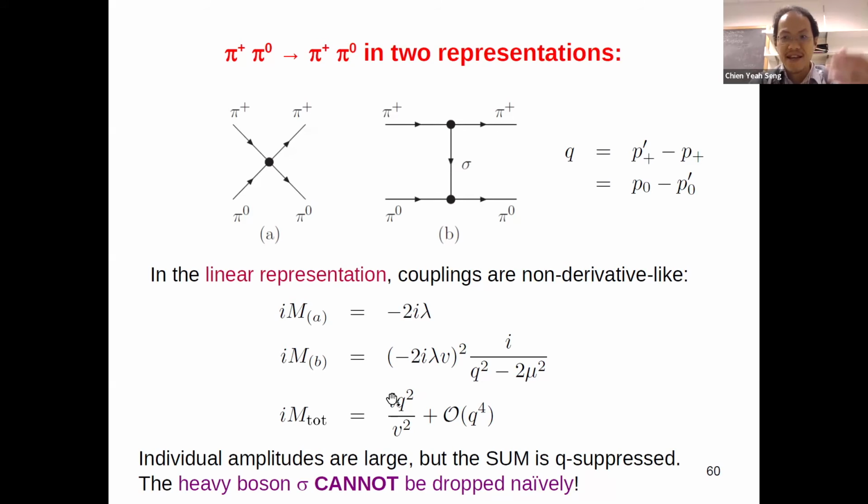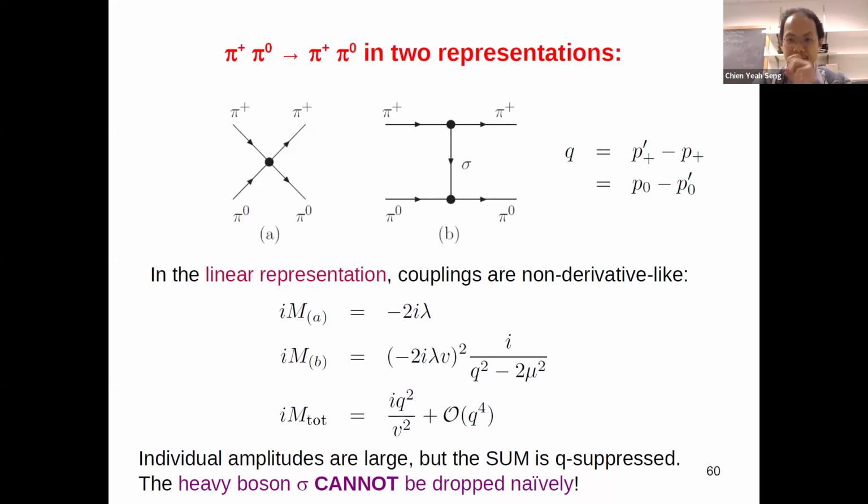So this means in the linear parameterization of the sigma, you cannot simply disregard the heavy boson sigma, because it gives you a large contribution which has to cancel with the contact interaction with the pions to get a suppressed result.